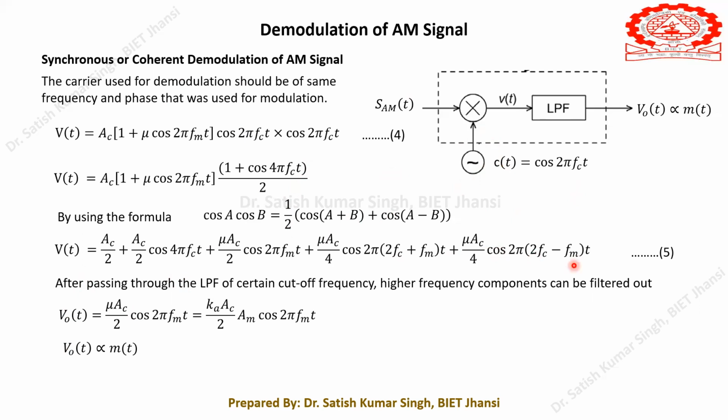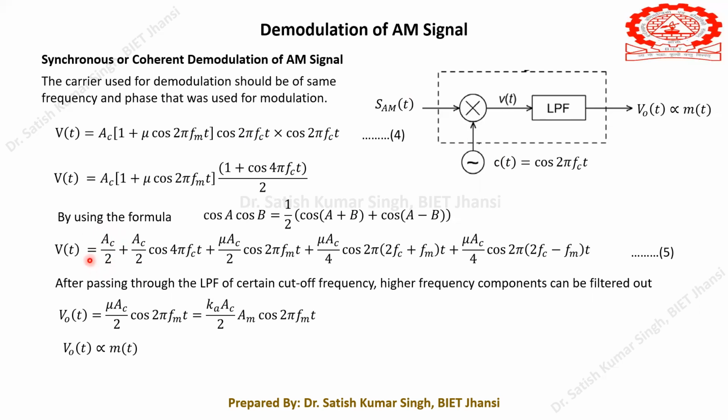Now from the equation itself, we can easily identify the frequency components available in it. For example, the first term is AC by 2, which represents the DC component, a DC value. For example, if we write 1 plus cos 2 pi fmt, the 1 represents the DC part.